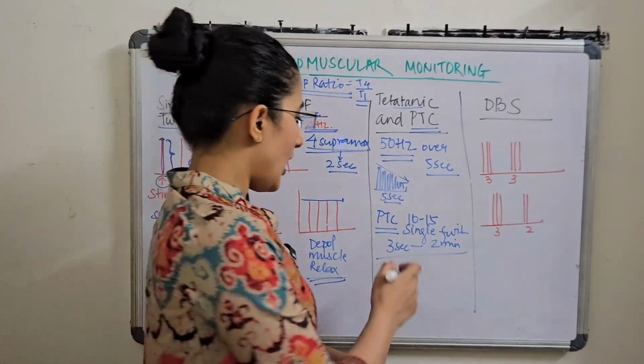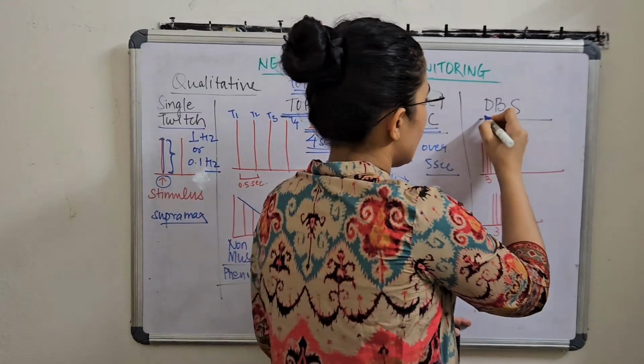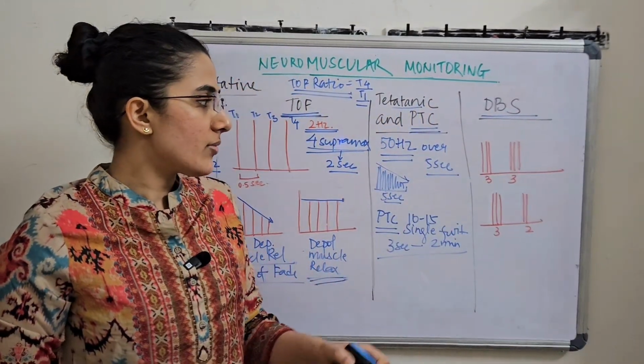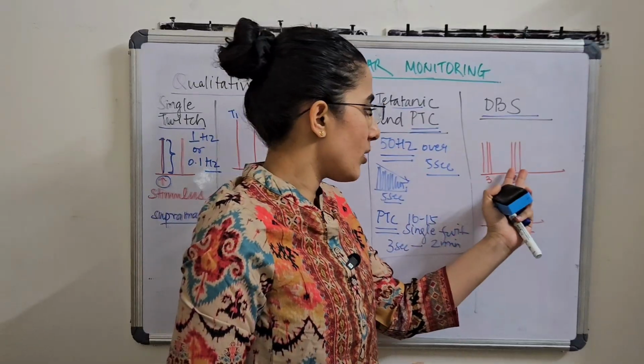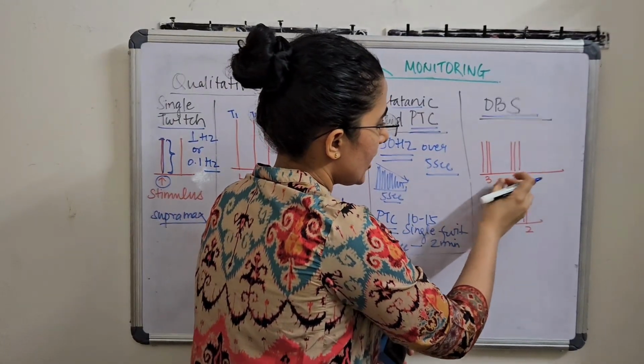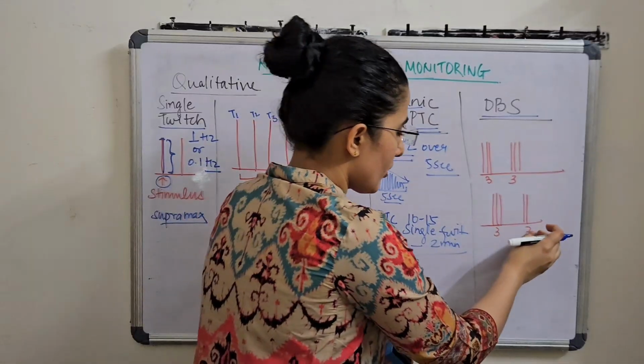After this we come to double burst stimulation. Double burst stimulation means we give two tetanic stimuli. This will be either in the form of 3:3 or 3:2.